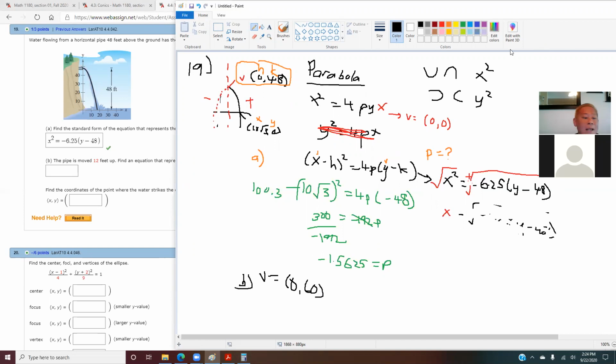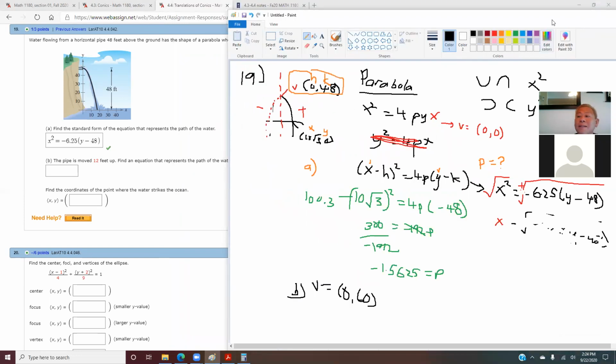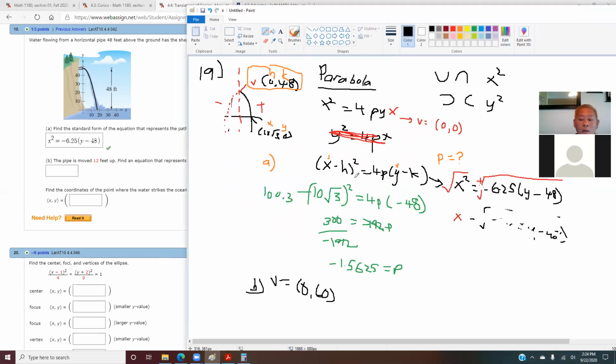So the question is asking, find the equation that represents the path of the water. It's kind of the same thing. You repeat the whole thing. This is still 10 root 3 over, so you still use 10 root 3, 0 as this water point.